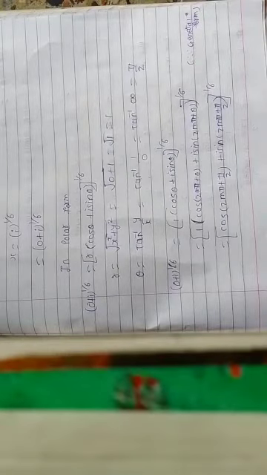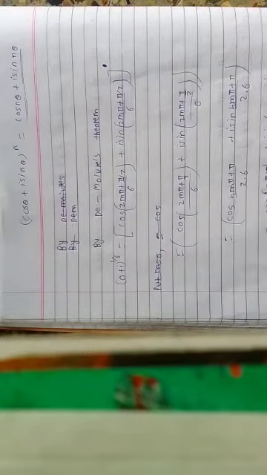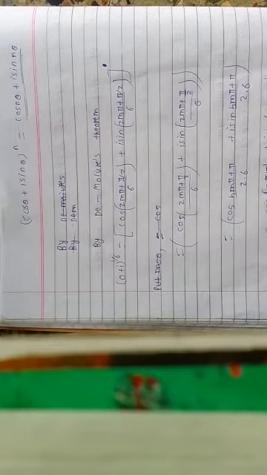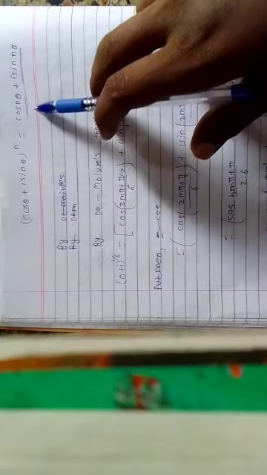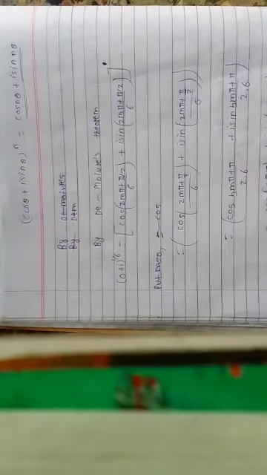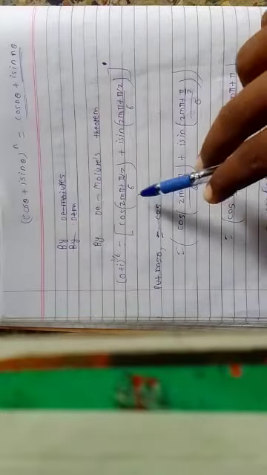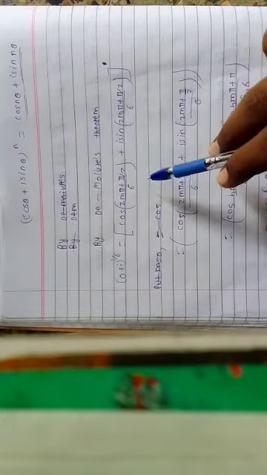Then by De Moivre's theorem: (cos theta plus i sin theta) to the power of n is equal to cos n theta plus i sin n theta. It means the power n is to be multiplied with the angle theta, and then we get 2m pi plus pi by 2 upon 6.